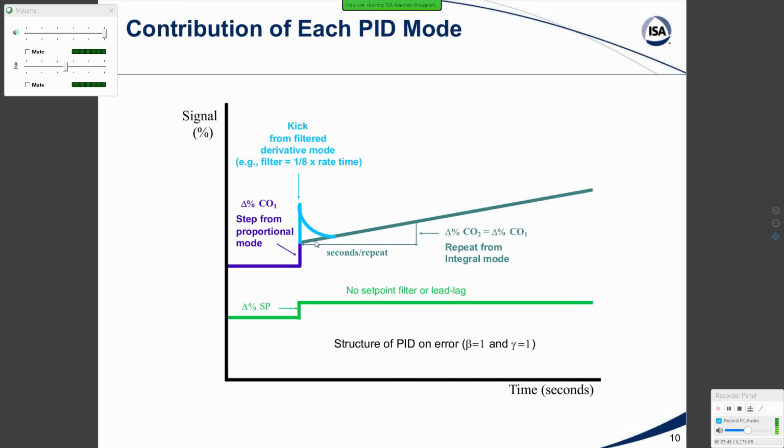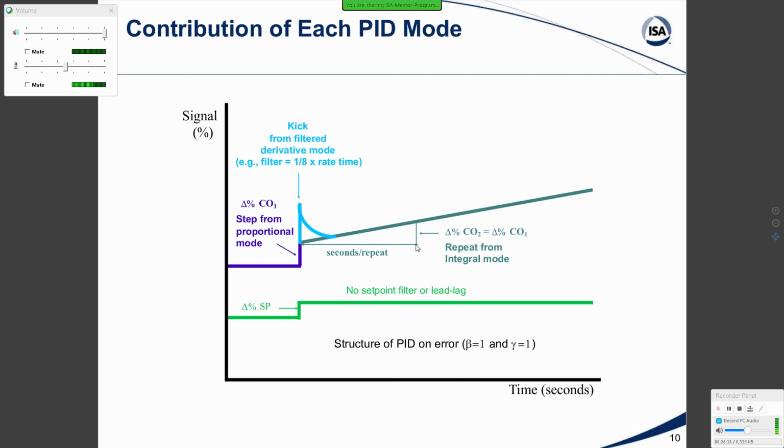Now, when you repeat the contribution from the proportional mode, and that's what's shown here, the change in controller output here too is equal to the controller output change number 1 that we got initially from the proportional mode, we say we have got a repeat from the integral mode. The time to do that repeat is seconds per repeat, and that is the setting of the integral mode.